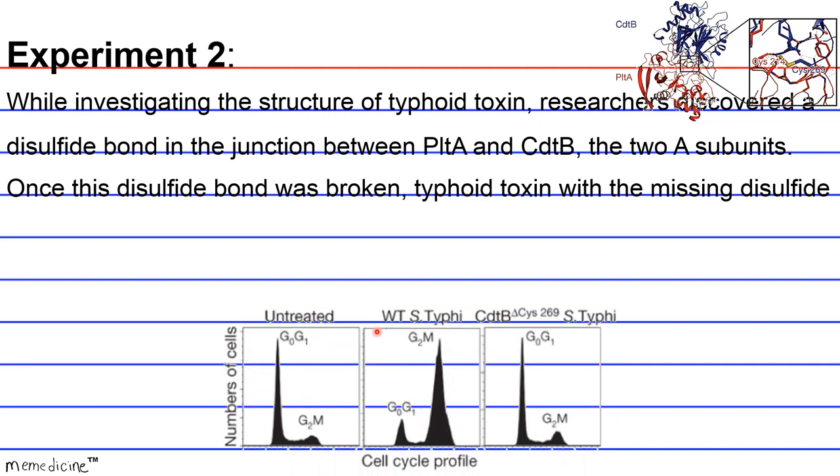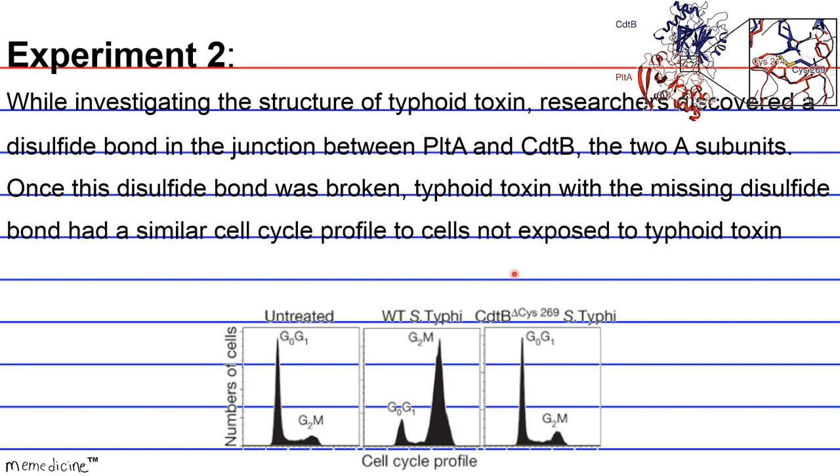Once the disulfide bond was broken, typhoid toxin with the missing disulfide bond had a similar cell cycle profile to cells not exposed to typhoid toxin. Okay, so here we see the cell cycle, unexposed, normal typhoid treatment, and treatment with the broken bonds, similar to untreated cells.